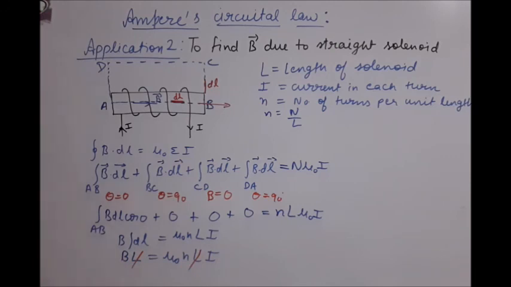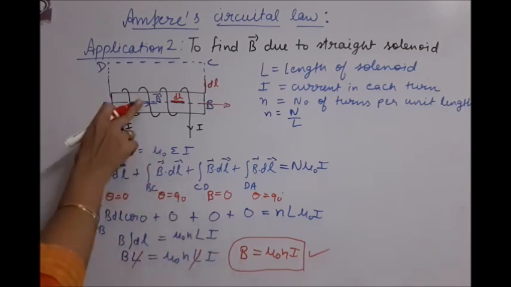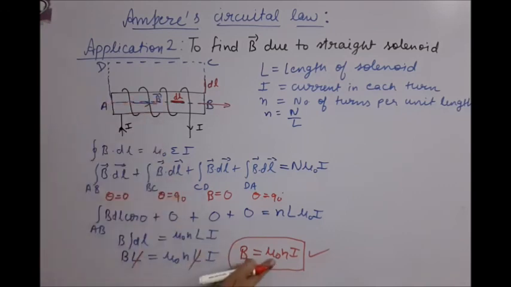So what is the final answer for the magnetic field inside the solenoid? It is mu 0 n I. So the final answer for the magnetic field B inside the solenoid is mu 0 n I. That means it depends upon the number of turns per unit length, the current flowing, and the medium.